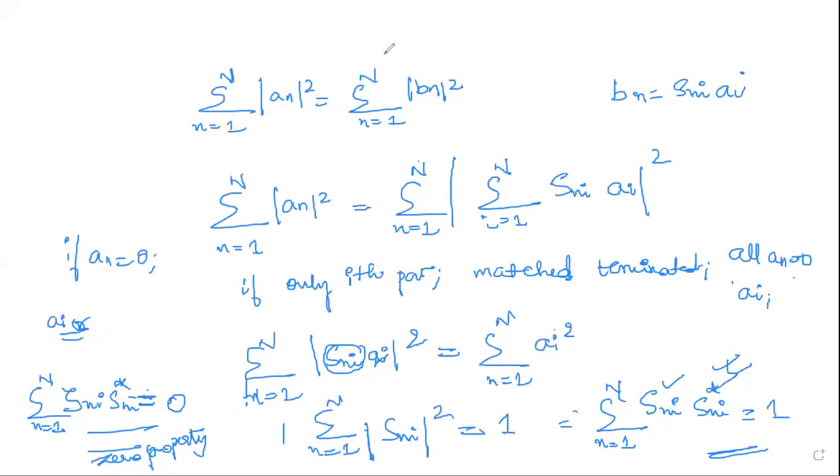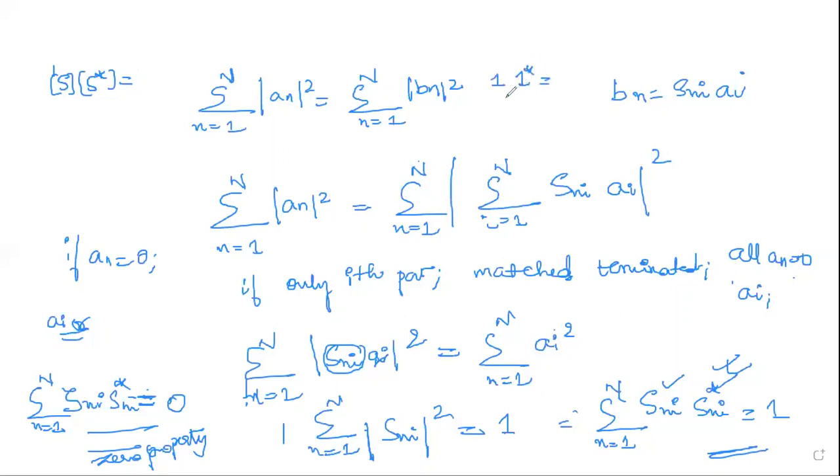Now, in matrix form, we know what the S matrix is, and S star is the complex conjugate of the S matrix.